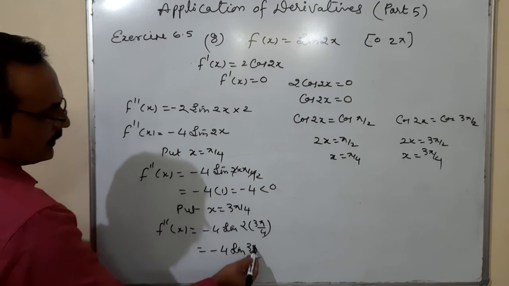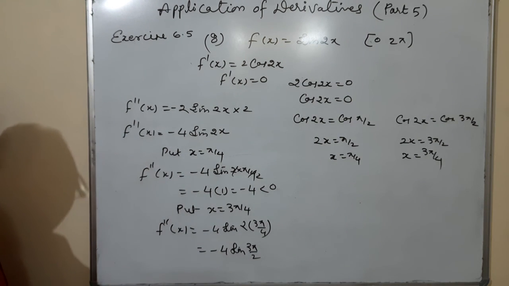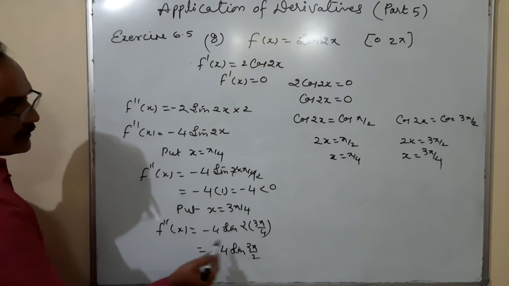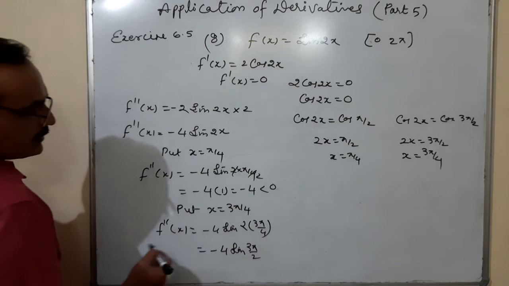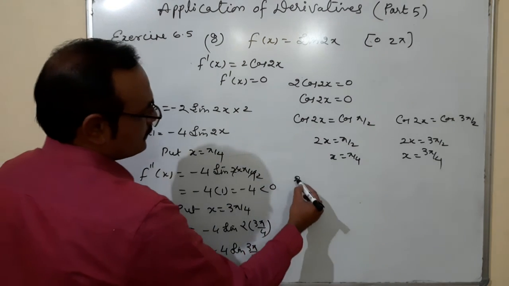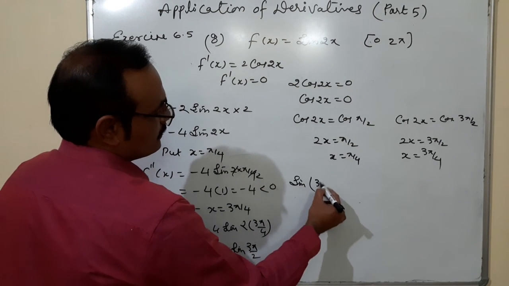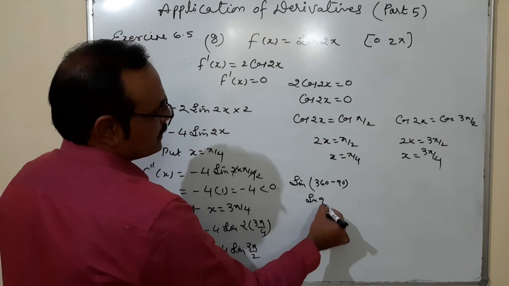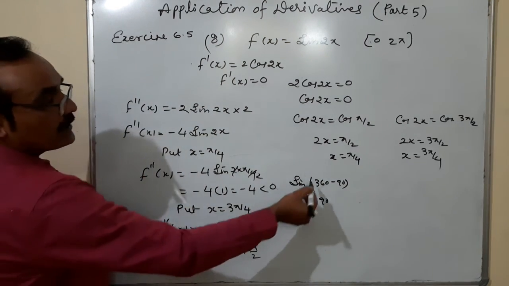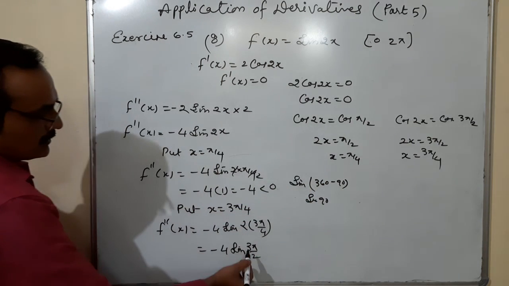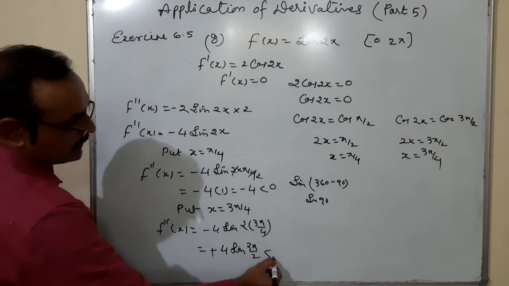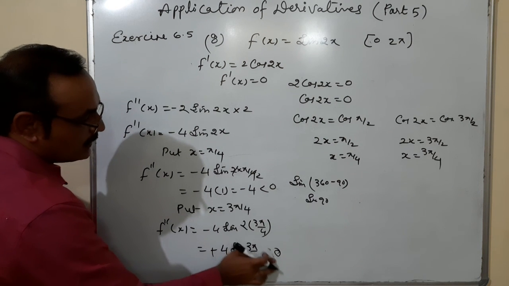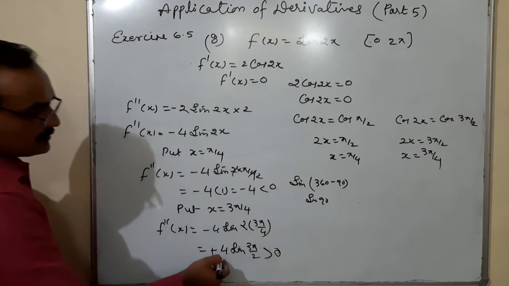It is 270. So for 270, may I write sine 360 minus 90. Sine 360 minus theta is minus sine 90, that is minus 1, since it is in the fourth quadrant. So minus into minus it is plus. So it is coming greater than 0, minimum.